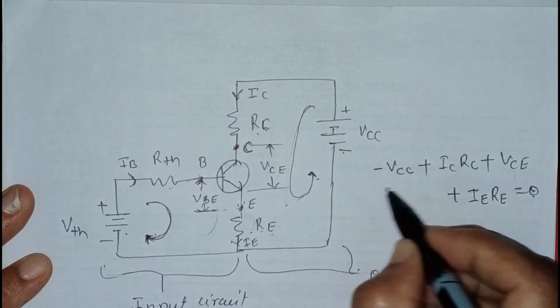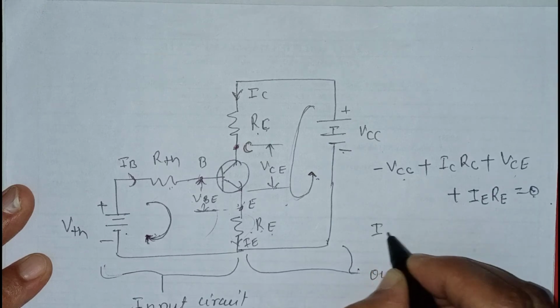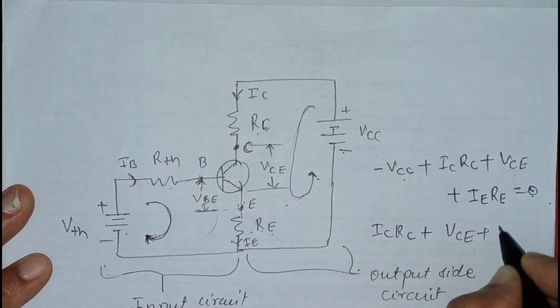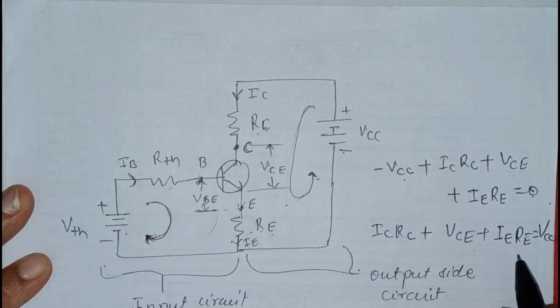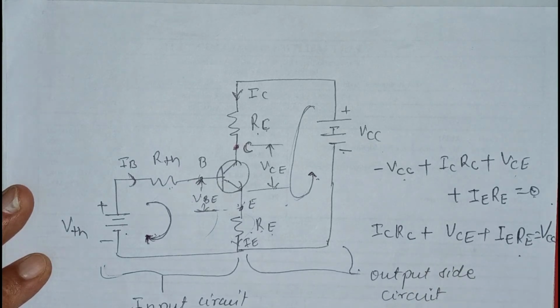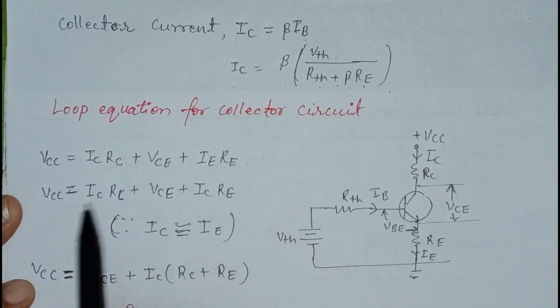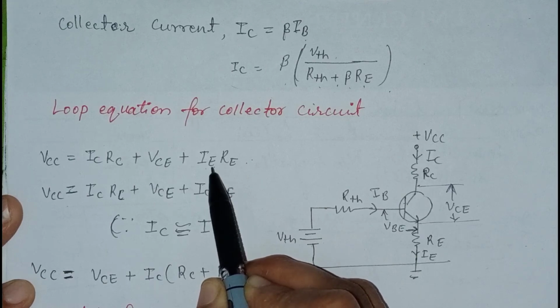Now we will take this VCC to the right side. So the equation becomes IC RC plus VCE plus IE RE equals VCC. So this is the loop equation for the output side. Now we see here that this is IE, and this IE is almost equal to IC.